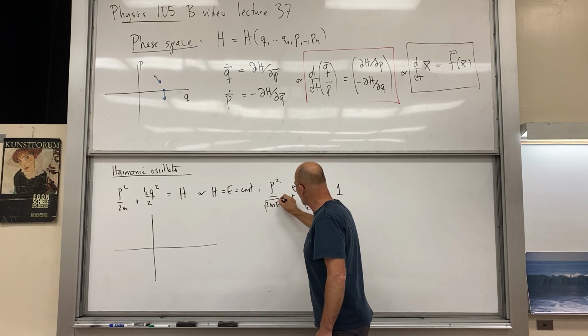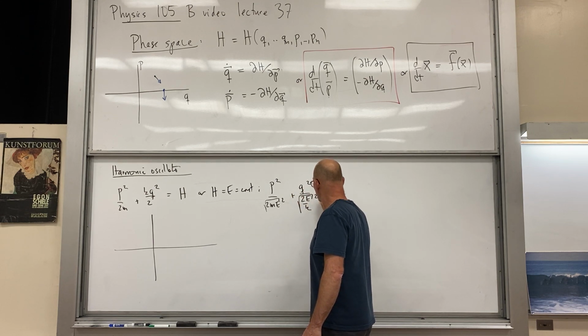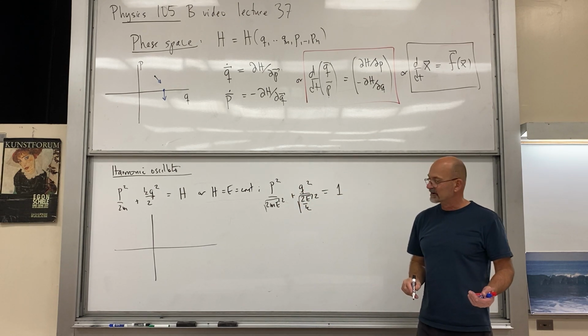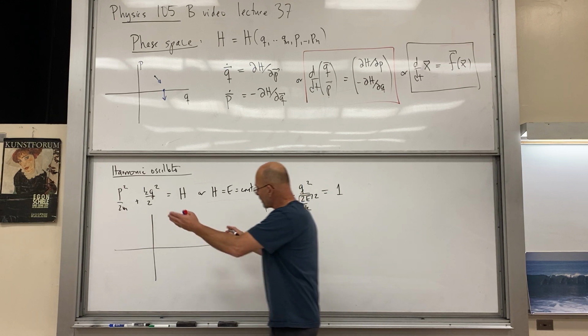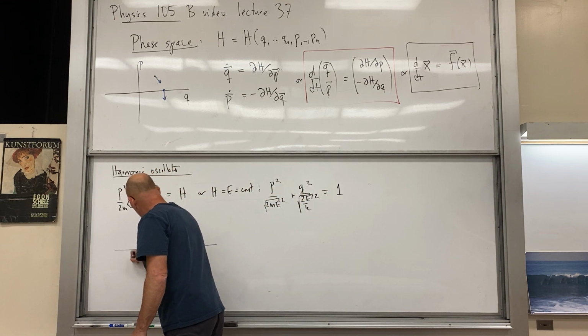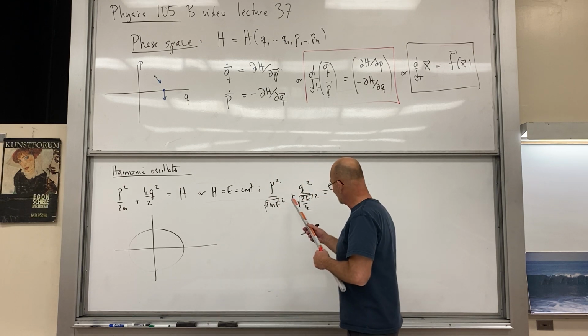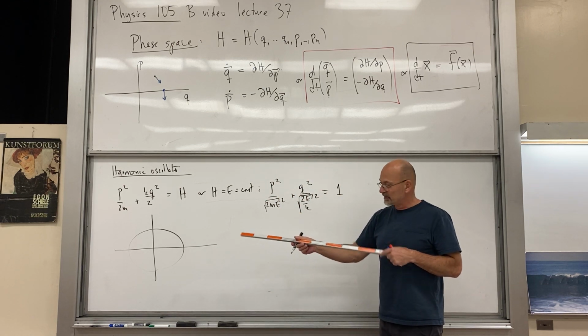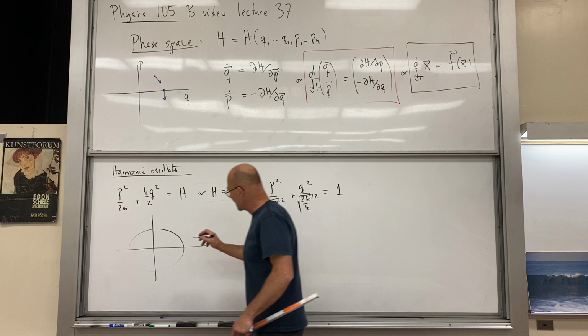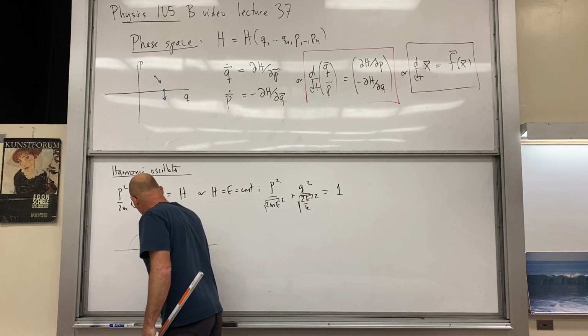And I just did the square root squared because then we have an ellipse and we can mark off its boundaries here. But yeah, so for any given energy, we have an ellipse: smaller energy, smaller ellipse, larger energy, larger ellipse.